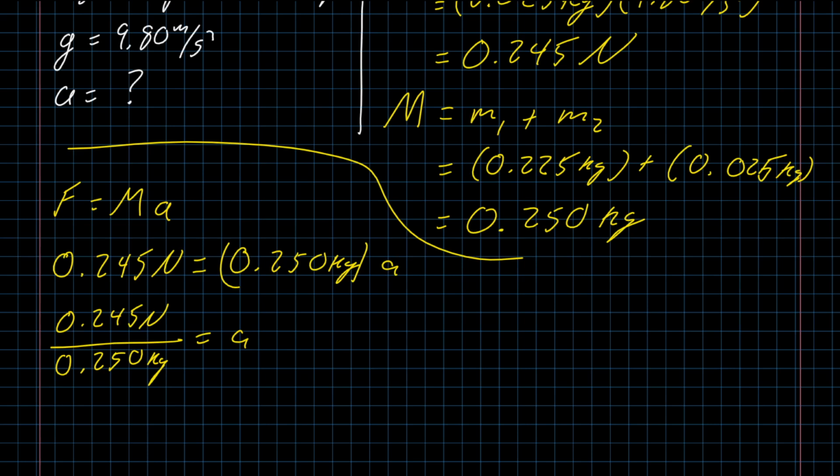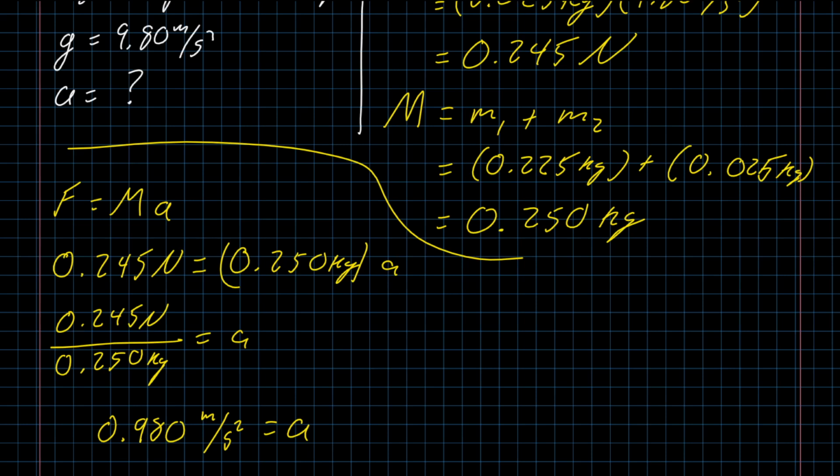And if I punch that into my calculator, I get 0.980. And remember, newtons is kilograms times meters per square second. So when we divide by kilograms, that will leave us meters per square second, which is the units we expect as our acceleration.